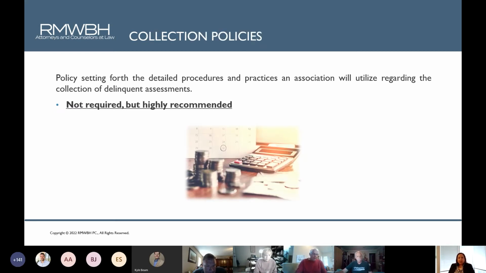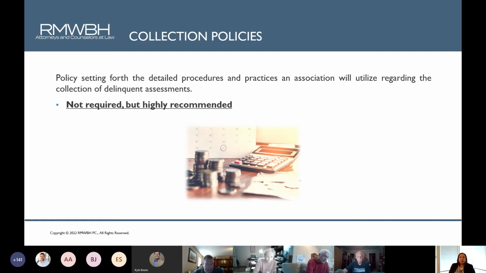In terms of collection policies, it's really a big recommendation for us that the association consider the adoption of a collection policy. And why we highly recommend a collection policy is because it gives the membership, the homeowners, an understanding of how the collections process works. As it relates to most collection policies that we would recommend, there's a good explanation of how the assessments are collected and potentially what demand letters or notices that a homeowner will receive in that process.